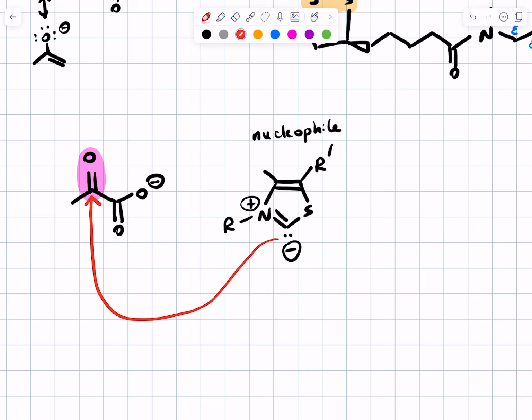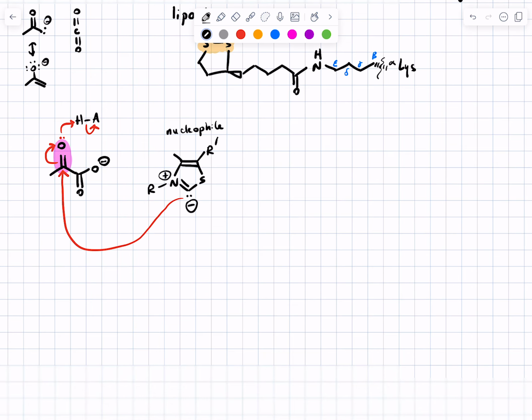Now, if we wanted to, we could draw the negatively charged oxygen and then show what happens next in a subsequent step. What I'm going to do instead is just have electrons go up onto the oxygen whilst lone pairs on the oxygen pick up a proton, probably from the enzyme. You could do that in 2 steps.